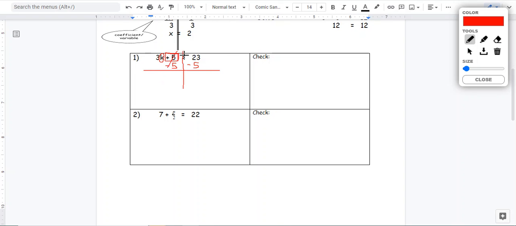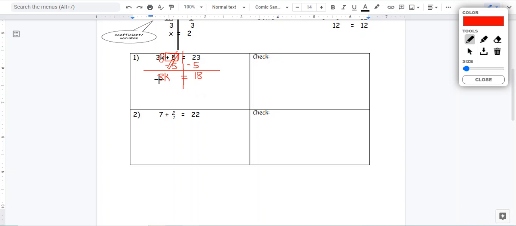This is canceled out. Plus 5 minus 5 is 0. So now we have 3k plus 0, but we can just write 3k, right? We don't need that plus 0. And then on the other side, we have 23, and we have taken away 5 to keep it balanced. That gives us 18. Now we're down to a one-step equation like we've done before.